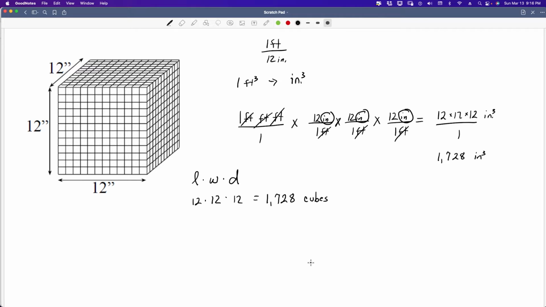Which is the same thing as saying cubic inches. So we know that this is the right way to do that because we've done the volume calculation below, and they are the same result. So let's do a couple more practice problems. Let's clear the page and let's put those up here.